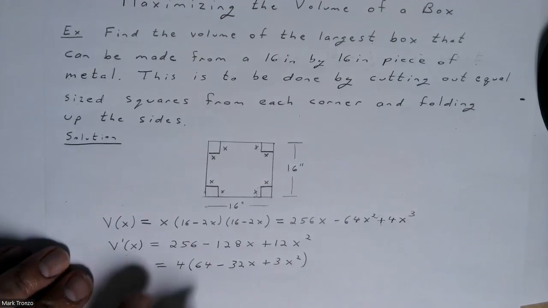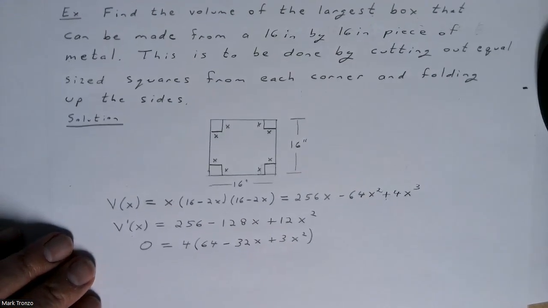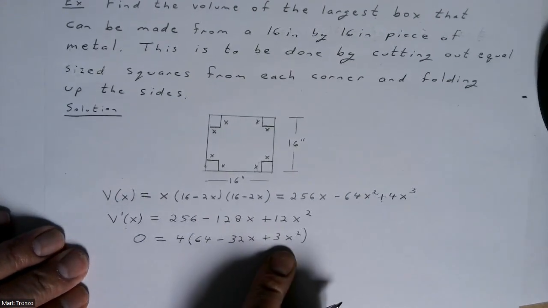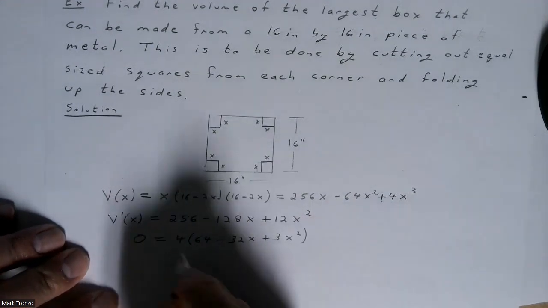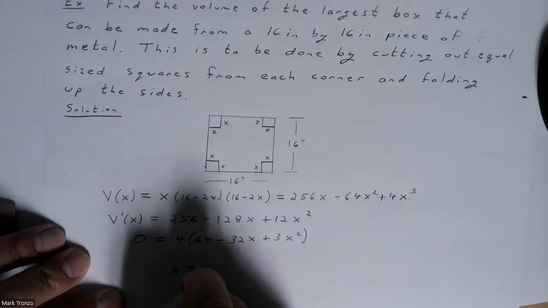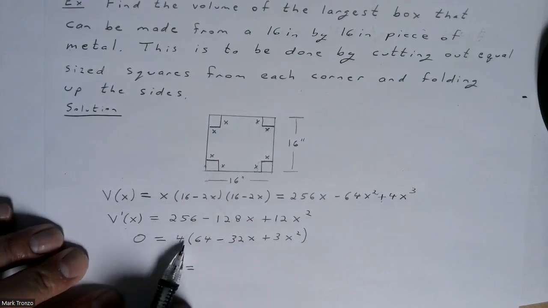As I said before, we want to set this equal to 0. And now it doesn't look like this can be factored, and even if it does, we can just simply use the quadratic formula. Remember, of course, this 4 could never be 0, 4 is not 0.